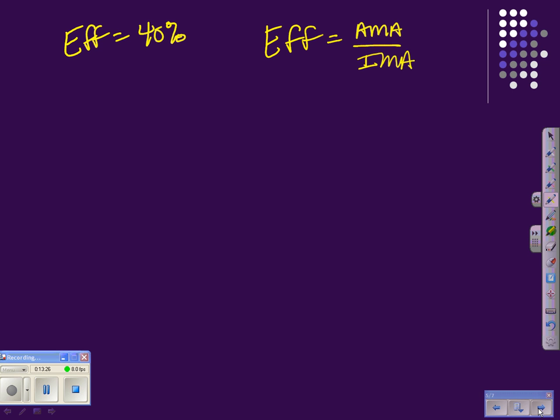Now they're not. So 40%, which is 0.4, equals my AMA over my IMA, which is 3, because that's how many supporting strands I have. When I multiply those together, my AMA is going to be 1.2.